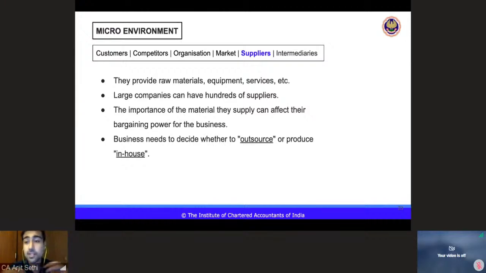Because we have different strategies, different tools to understand. Unless we bifurcate a particular component as a micro or a macro or as an internal component, we do not know how to react to it. First, we bifurcate them and then we decide how to react, right? So what we are understanding right now is where to bifurcate, where to put that component, and then we will understand how to react. Okay?